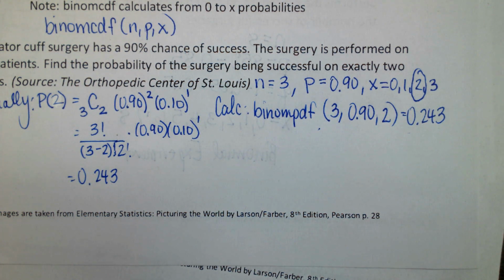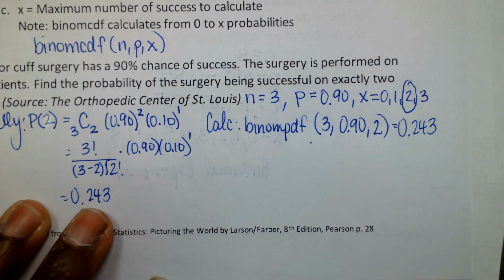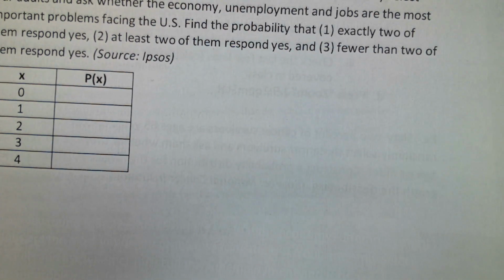So it's up to you if you want to work these problems out manually because it makes sense to you, or if you want to put it in the calculator. And there's one more way that we're going to learn how to calculate these, and again, you're going to use the way that just makes sense for you.